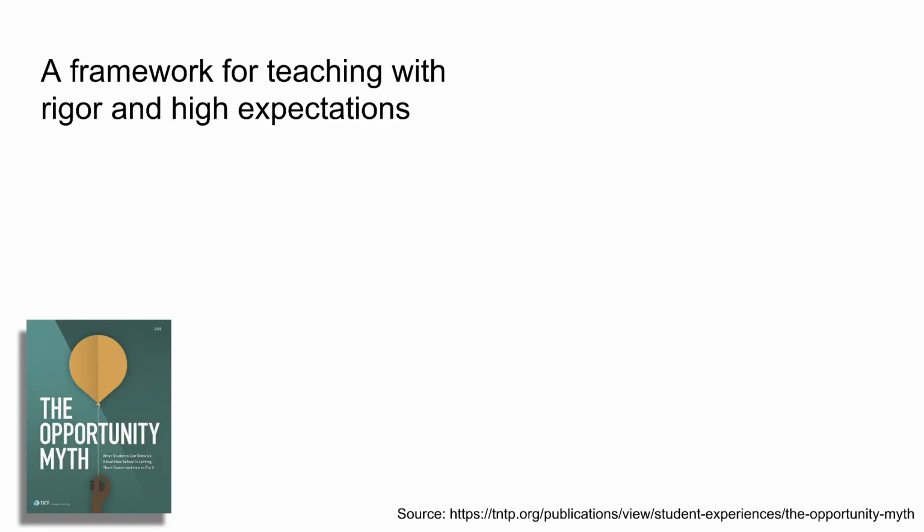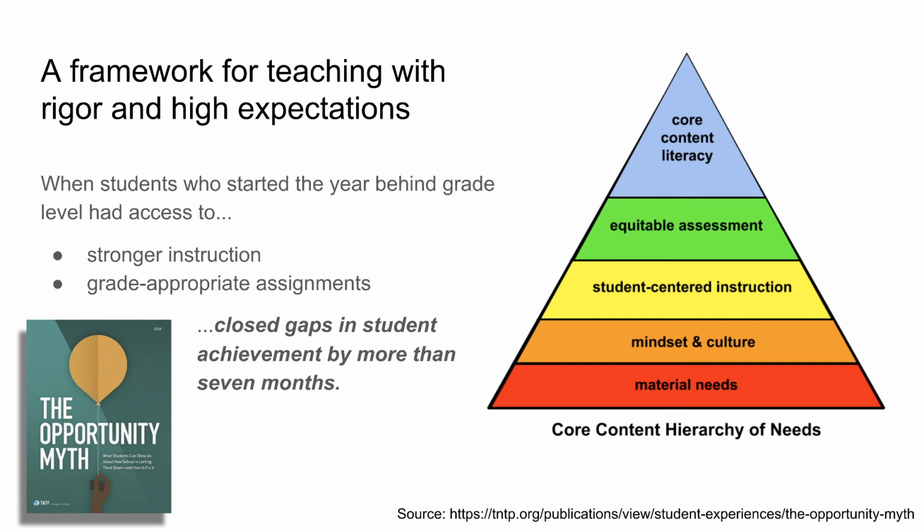Essentially, the opportunity myth was this wonderful project that reported out that when students who started the year behind grade level, and that's going to be a lot of our students this year due to the COVID slide, are given access to strong instruction and grade appropriate assignments, we're not going to do a bunch of review from last year.